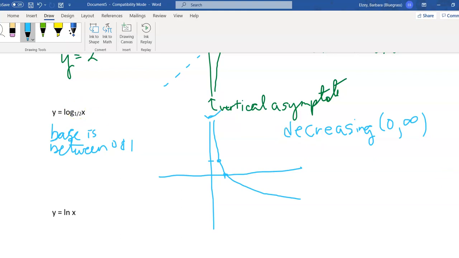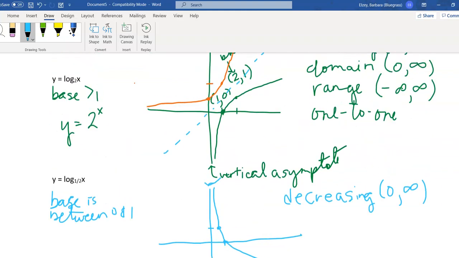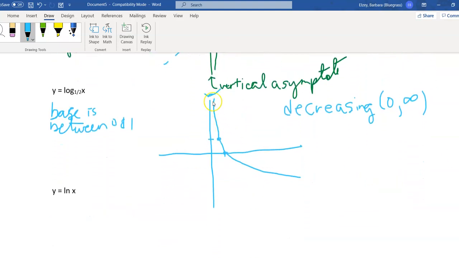All right, so notice, if the base is bigger than 1, you are always going to have a graph that looks like this green one. If the base is a fraction, you're going to have a graph that looks like this blue one. Now, let's take a look at y equals natural log of x. In the last video, we talked about the natural log. The natural log has an unwritten base of e.